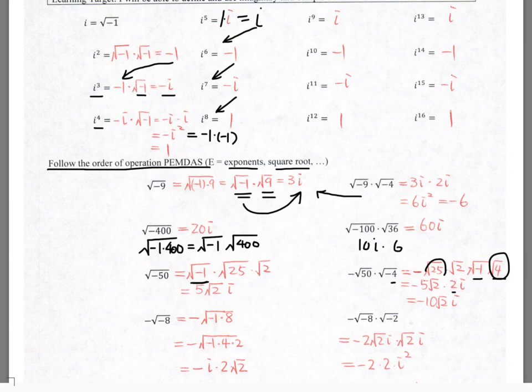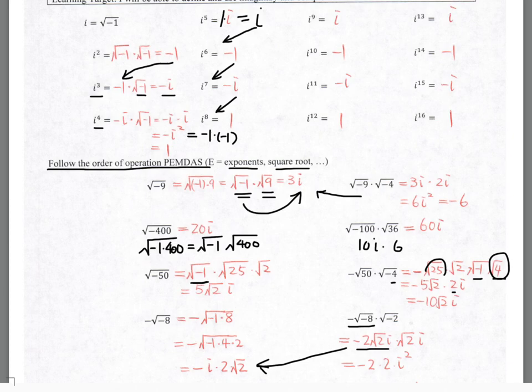Next, we have negative square root of -8 times square root of -2. From the previous example, we know negative square root of -8 is going to be -2 square root of 2 i. That's what I get from the previous one. And then square root of -2 is going to be square root of 2 i.